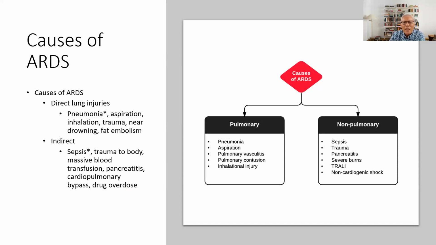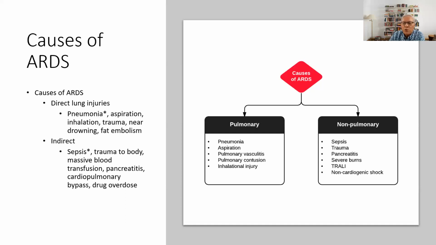So what are direct lung injuries? They are those that occur in or directly affect the lungs. Examples might be pneumonia, aspiration, inhalation of toxic substances, trauma. Another one would be near drowning, as well as embolism.